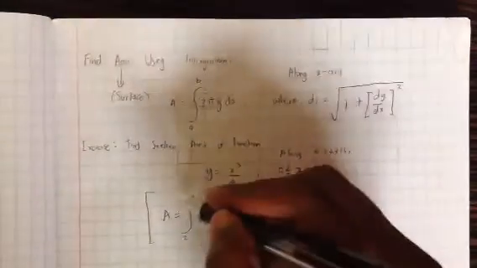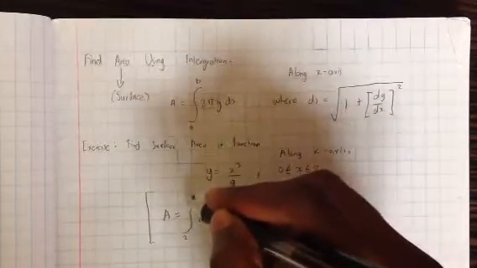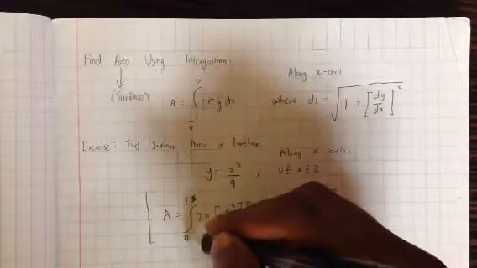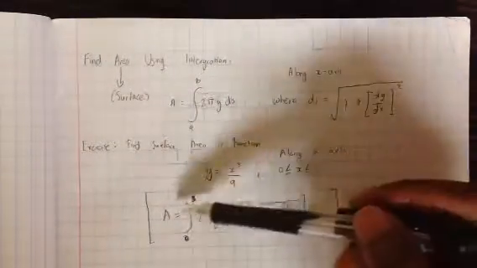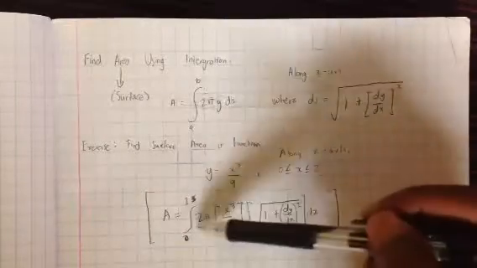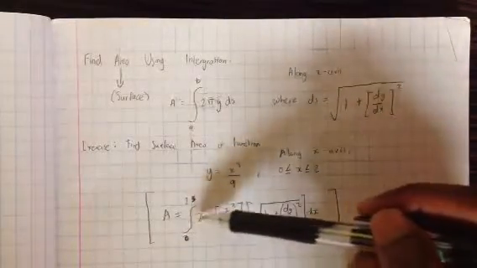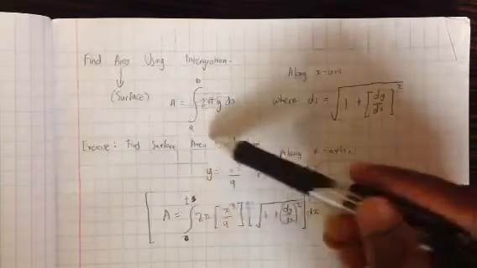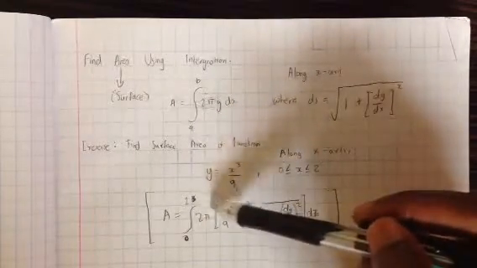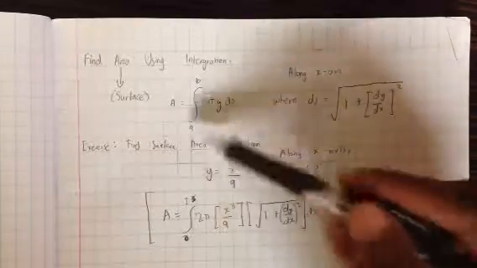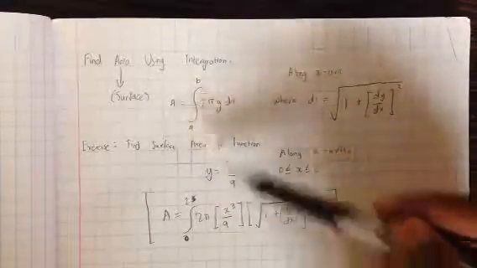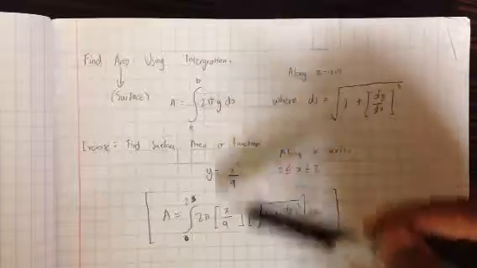Sorry, that should be a 2, and this should be a 0. So we put our 2 at the top and our 0 at the bottom. Now we express everything. We have our 2 pi remaining, and we put in our y function, which is the general function for the surface area. I hope this is making sense.